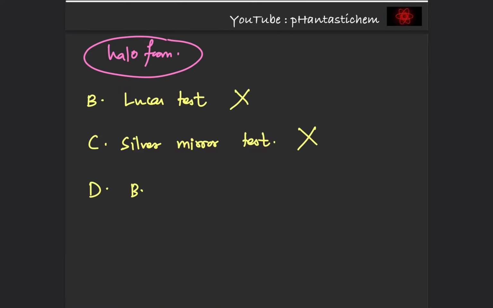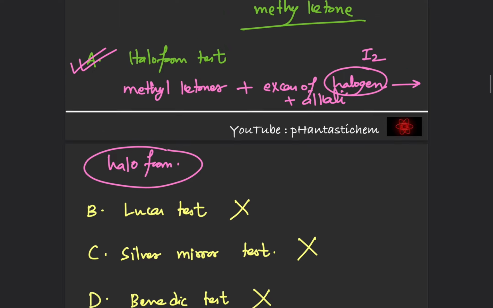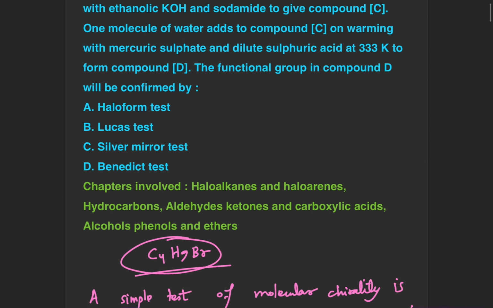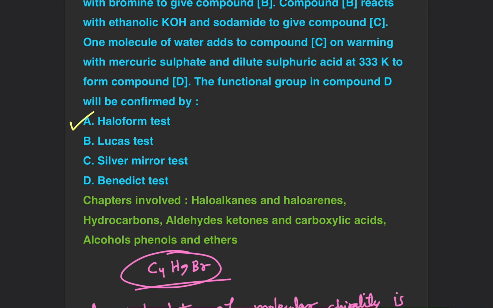Option D, we have Benedict test. Benedict test is used to detect the presence of reducing sugars like glucose, fructose, maltose. Okay. So therefore, this is also not the correct answer. So therefore, the final answer is option A, that is haloform test. Okay. Thank you.